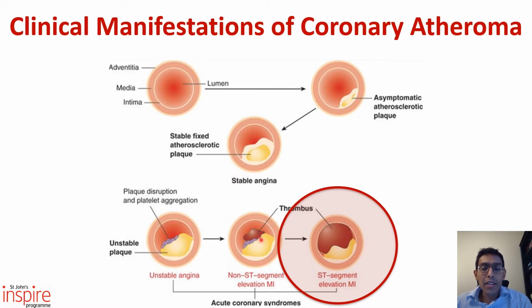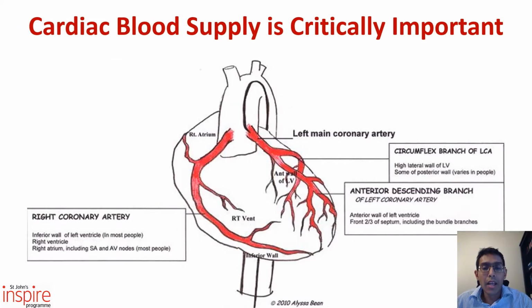This refers to the fibrous cap becoming disrupted and the lipid-rich material coming out into the bloodstream and causing a blood clot or thrombus to form. If this thrombus either partially or completely occludes the blood supply, then this will cause an acute coronary syndrome or heart attack. If we think back to the blood supply of the heart, we can see that atherosclerosis can affect any of these vessels at any point.